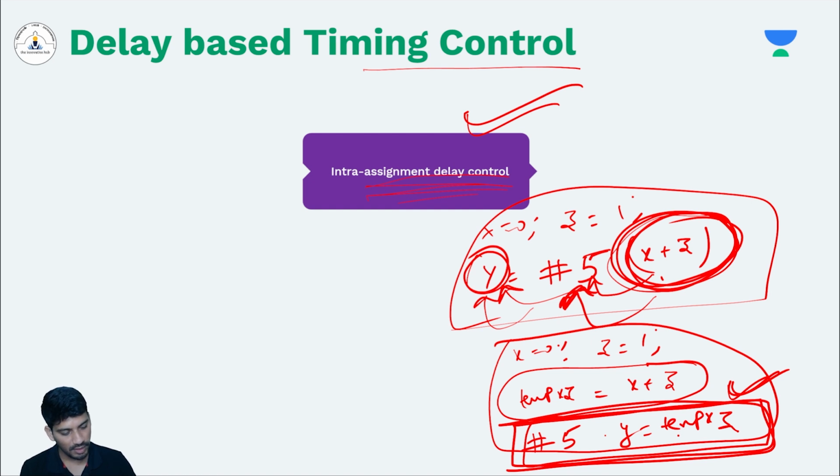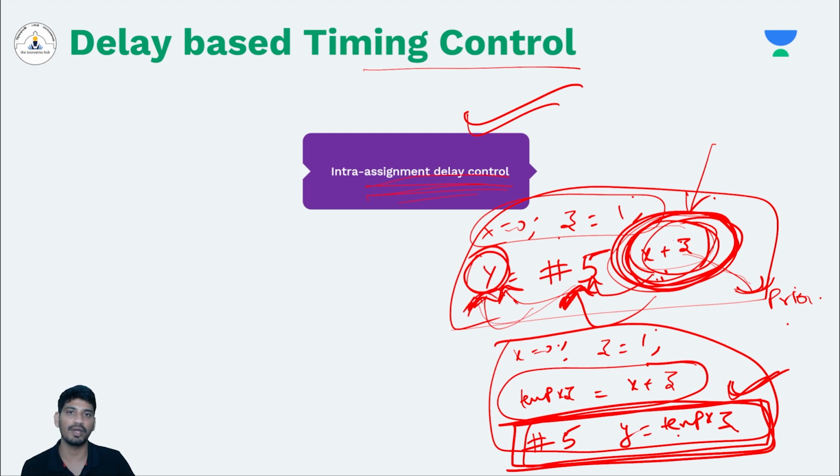Let's say if my X and Z are changing before the 5 nanoseconds, what happens? It will not take the changed values, it will use the previous values of X and Z, then wait for 5 nanoseconds, and then store into Y, but it will not take the present values.